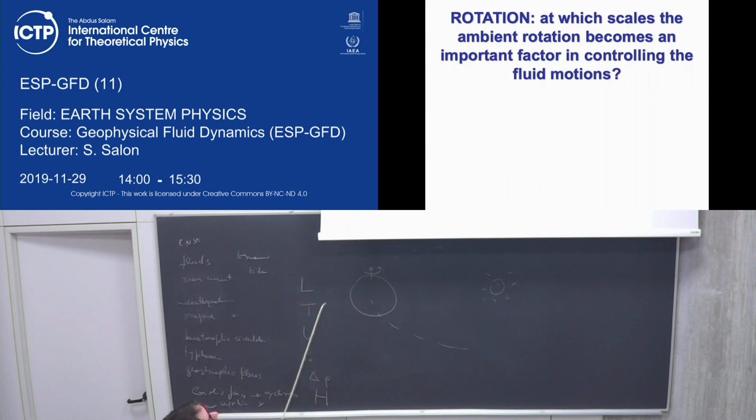At which scales does the ambient rotation become an important factor in controlling the fluid motion? We saw at the beginning that if a drop is put in a glass of water or in a pond, does this drop feel the rotation of the Earth? No. But a cyclone? Yes, of course.